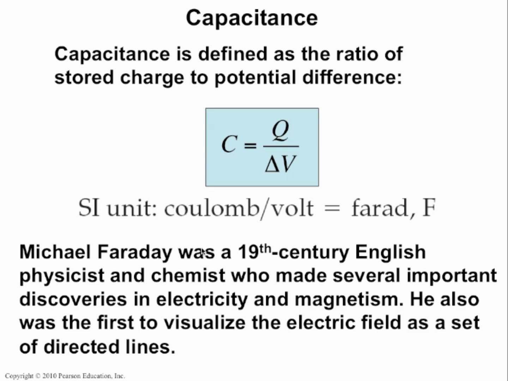Faraday invented the first electric motor. He also discovered electromagnetic induction, which shows that a changing magnetic field produces an electric current. And following that discovery, he invented the first electric generator, which is the basis for all modern day generators.